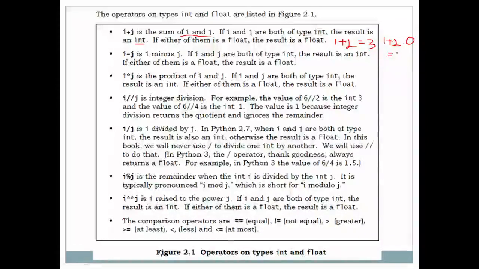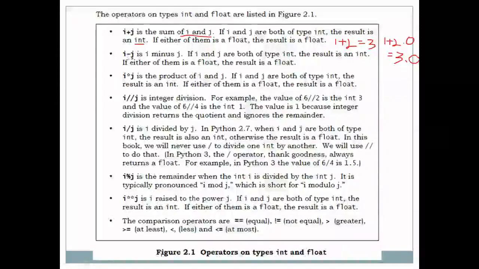It is not integer, it is float, that is 3.0. So if one operand is of type float, the output is of type float.